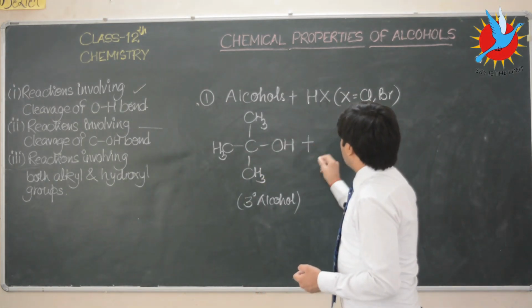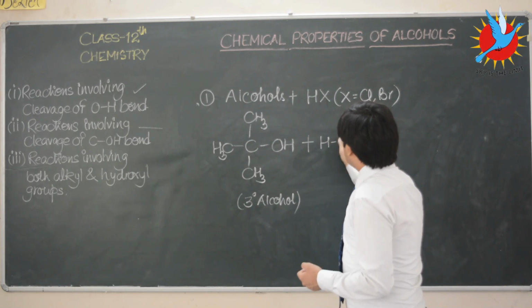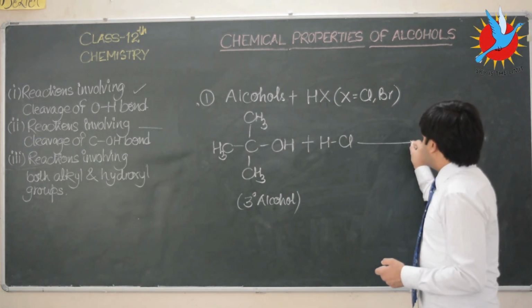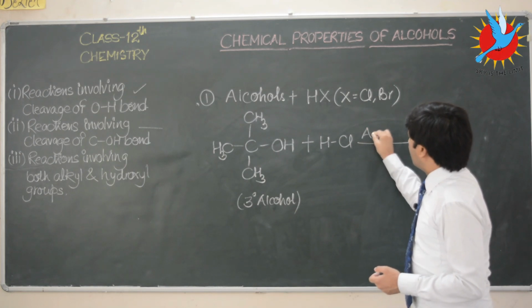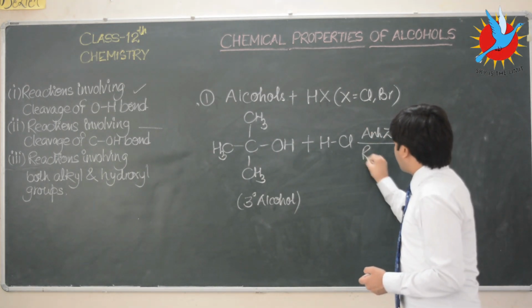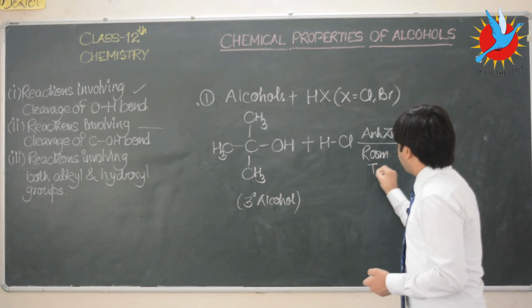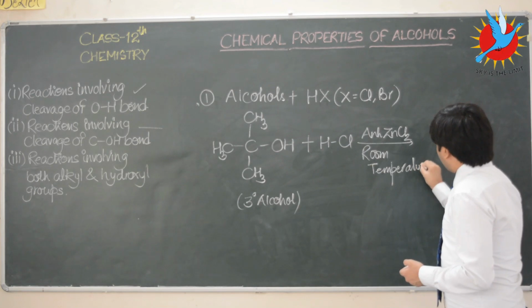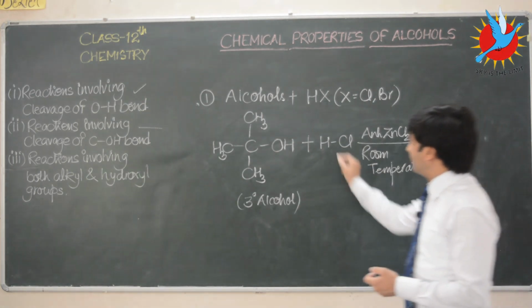Tertiary alcohol upon reaction with HCl, which is a type of hydrogen halide, in the presence of anhydrous ZnCl2, and this reaction takes place at room temperature. And again the product will be alkyl halide.